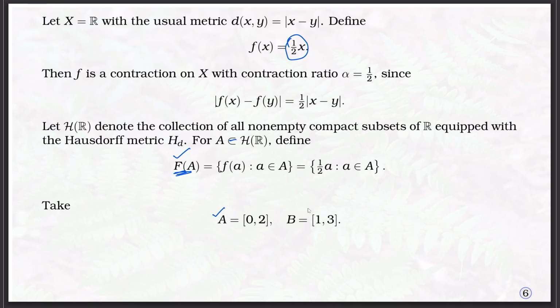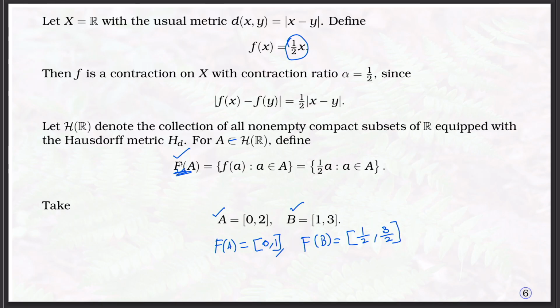Now we can take two elements A and B. Now we need to find under this mapping f what is the image of A. So what is f of A? We are applying this mapping x by 2 here. So one can get [0, 1], and f of B one can get [1 by 2, 3 by 2], since 1 by 2 and 3 by 2 is 1.5.